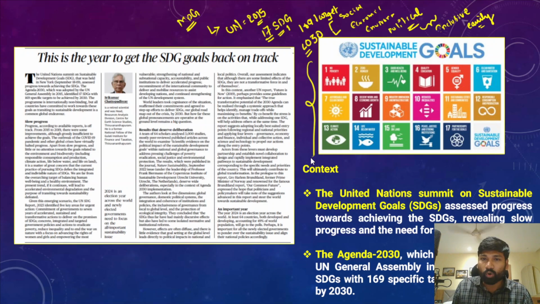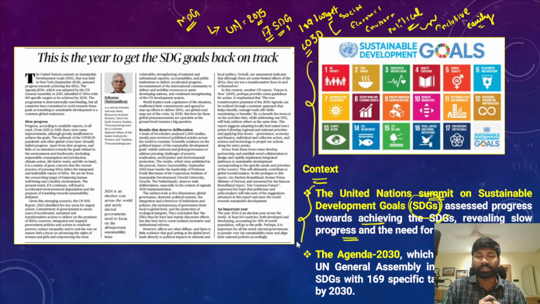Now please understand the context of this article. The context is that the United Nations Summit on the Sustainable Development Goals assessed the progress achieved, revealing slow progress and the need for urgent action. Okay, so it indicates that even though we have launched 17 ambitious sustainable development goals, the progress on achieving them across the world is slow.